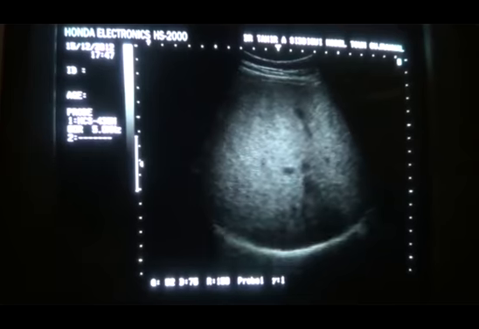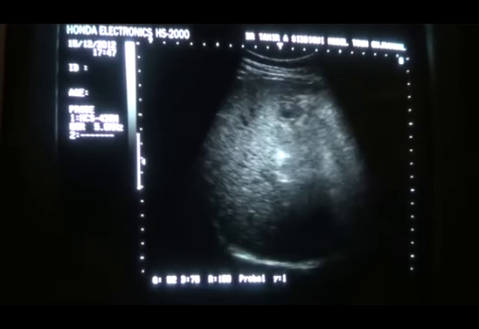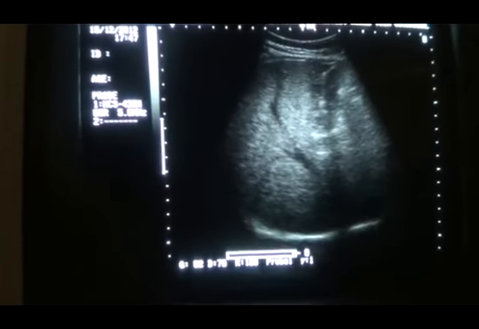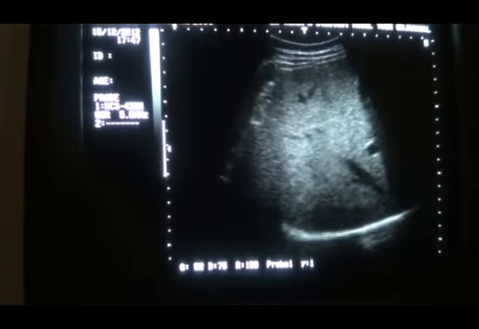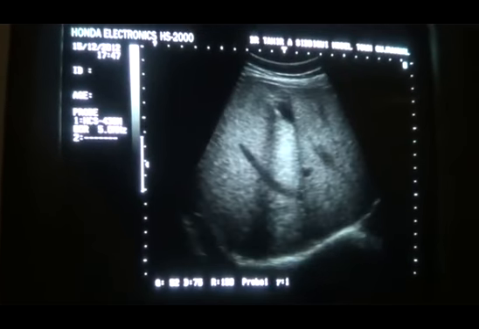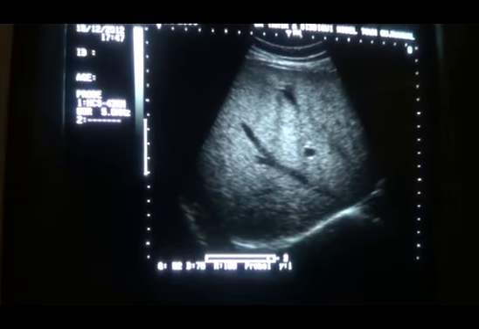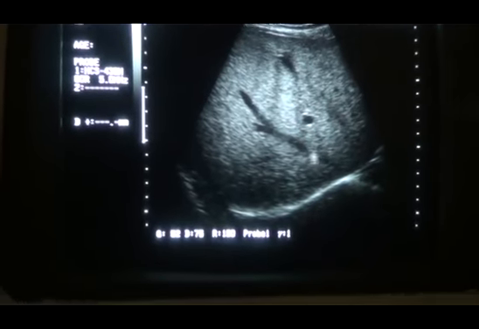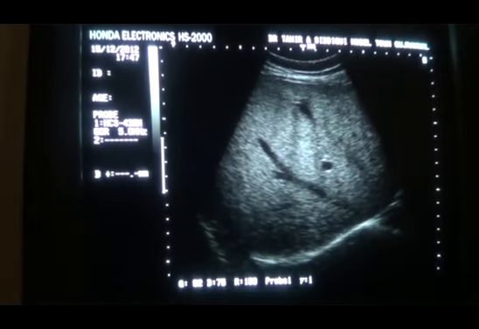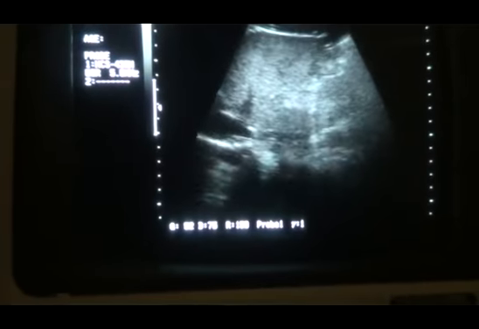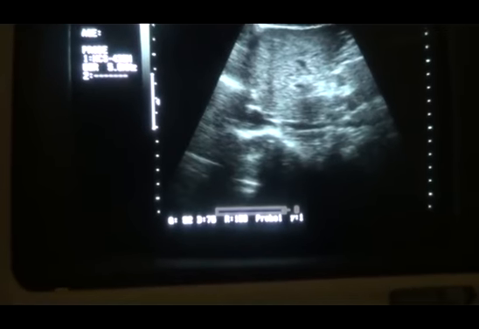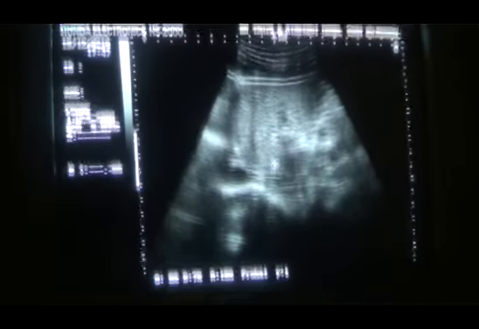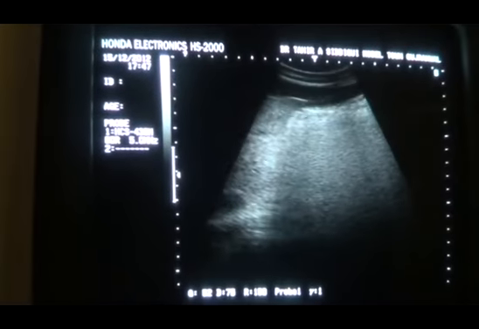Here you see the vessel margins are blurred, and here you can see this is the caudate lobe of the liver, this one the left lobe of the liver, outer surface.